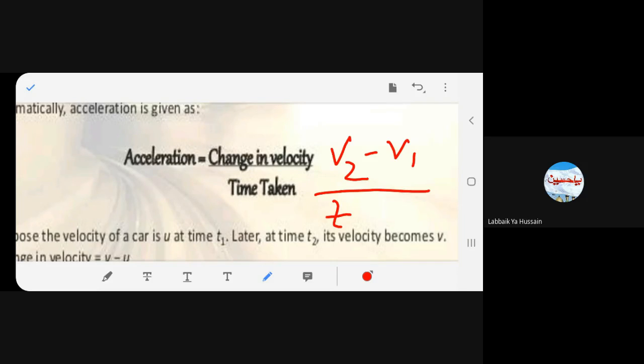It could be t or it could be t2 minus t1. Is it clear? I hope you have understood this, because time taken should also be change in time, isn't it? If change in velocity is v2 minus v1, then the change in time taken should also be t2 minus t1. This is the formula of acceleration.